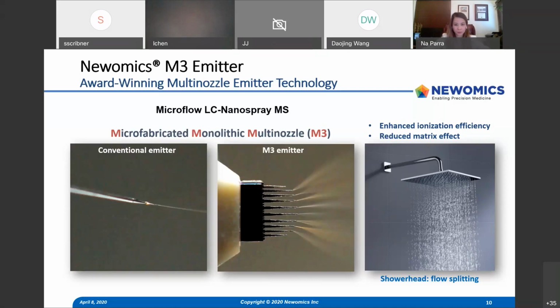For each kind of molecule and different application, we have to go to the drawing board and really redesign our emitter. This is a micro scale silicon-based chip. It's not easy to do. It took us a long time. I mentioned in 2007, I published the first Analytical Chemistry paper.